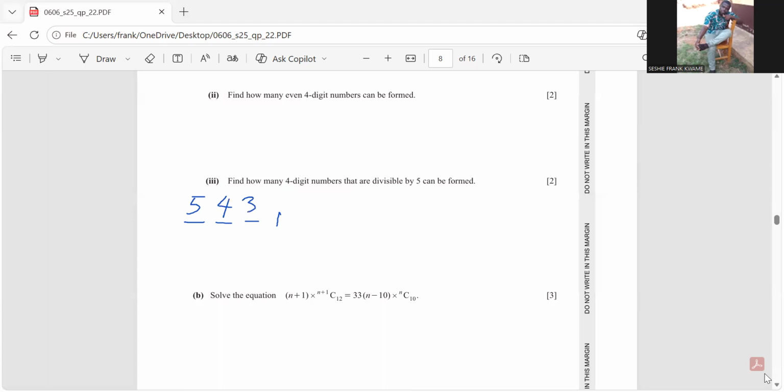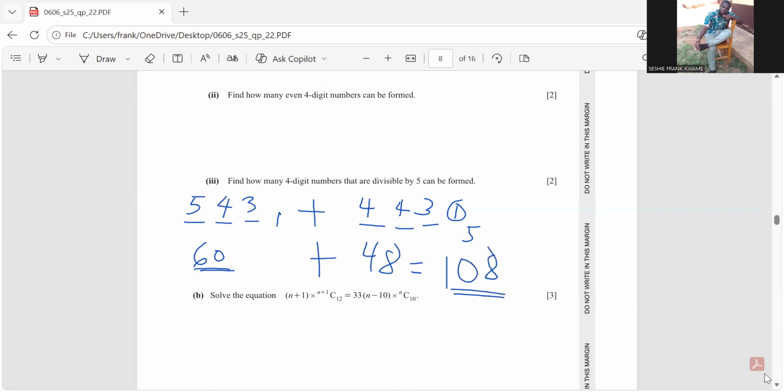So 5 times 4, 20, times 3 is 60. The next option, we can choose 5, which is 1. So choosing 5, we cannot choose 0. So left with 4 numbers here to be choosing from. Choosing 1 and 1 at the end, so that's 4 more again here. And then 3. 4 times 3 is 12. 12 times 4 is 48. So you have 60 plus 48, and that is 108. And that ends it for that particular question also.